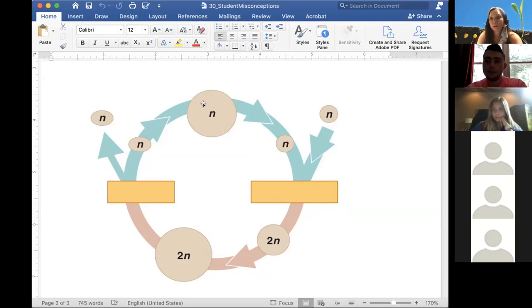Yes, the top is the blue. So that is your haploid stage. And is that your sporophyte or is that your gametophyte? Sporophyte. Yes, this is fantastic. So this is your sporophyte. So you had enough information to figure out which one is the sporophyte.